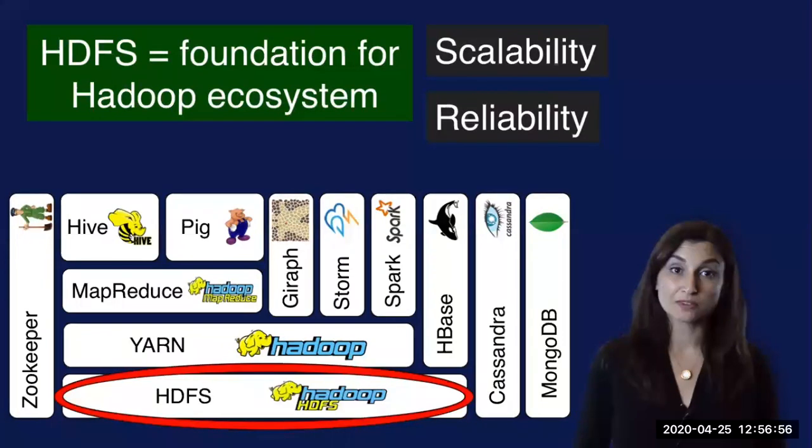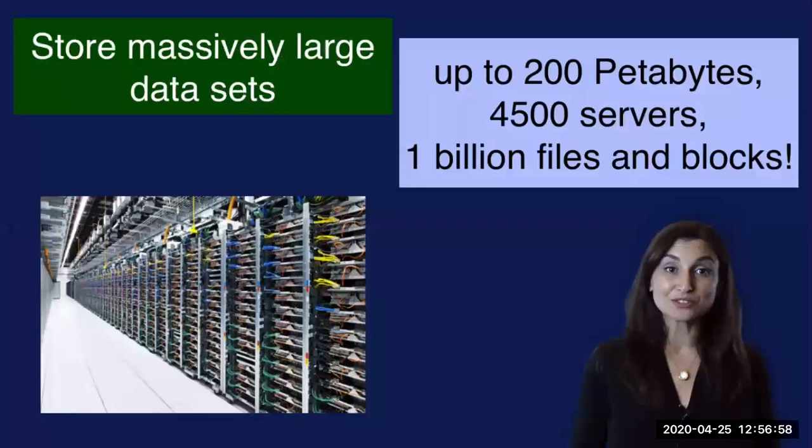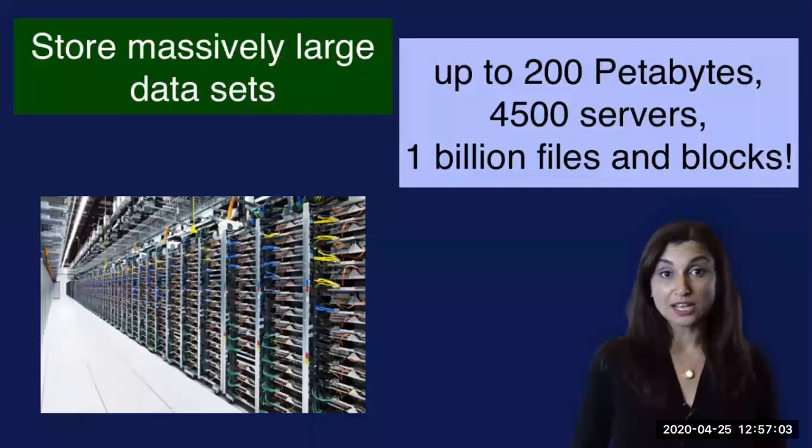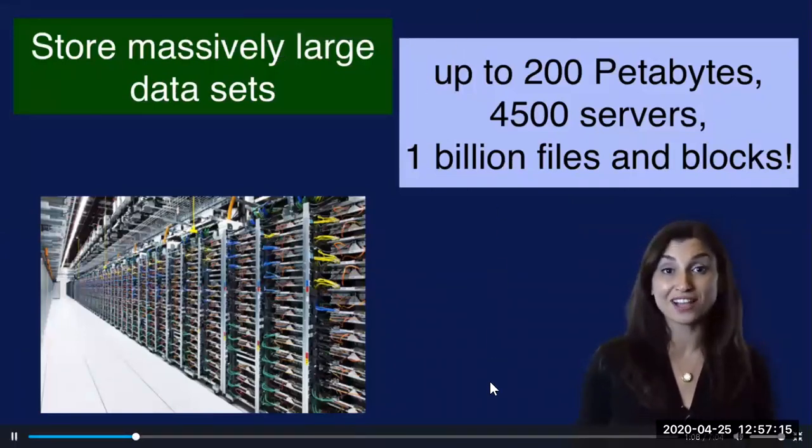HDFS allows you to store and access large datasets. According to Hortonworks, a leading vendor of Hadoop services, HDFS has shown production scalability up to 200 petabytes in a single cluster of 4,500 servers with close to 1 billion files and blocks.